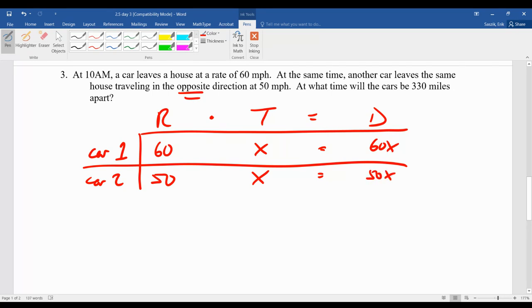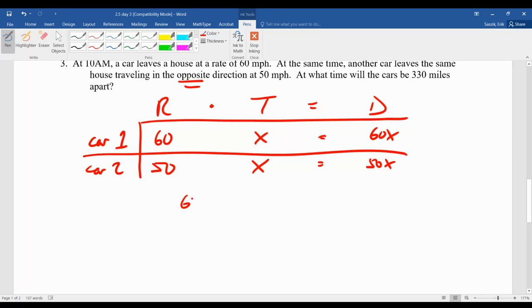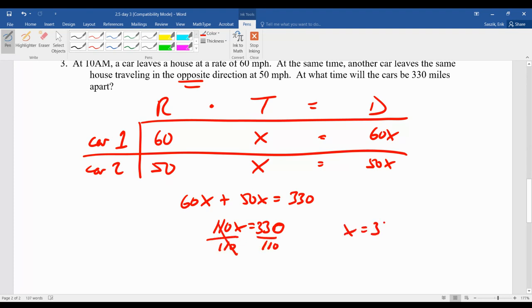And similar to the Benji problem, even though these guys are going opposite directions, the distance of car 1 plus the distance of car 2 has to equal 330. So you combine like terms. Divide by 110, and we get x equals 3 hours.